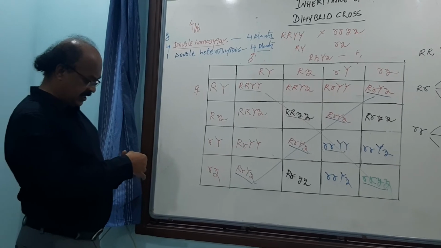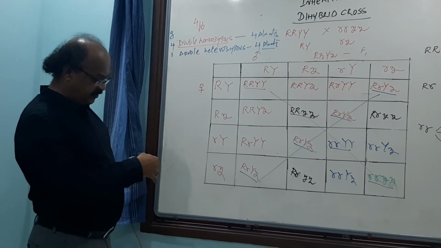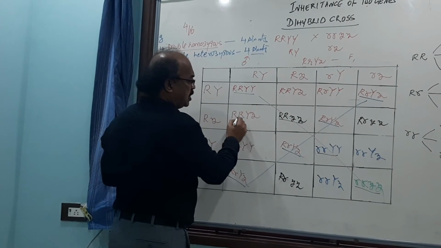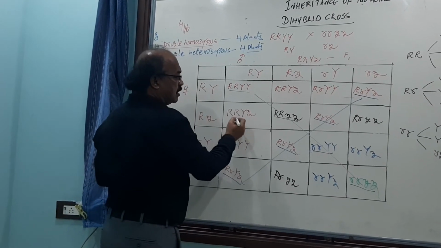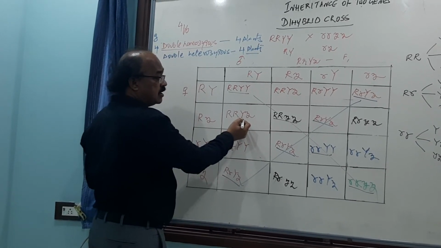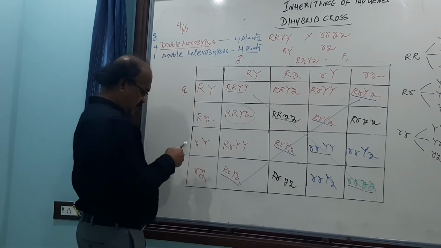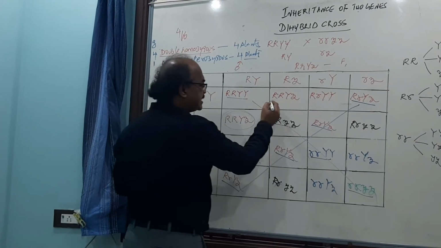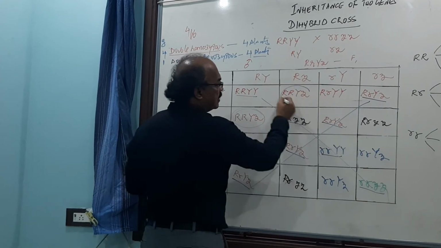And let us see the remaining cases. In the remaining cases, if you see, one dominant homozygous and the other one is dominant but heterozygous. These 2 are very same. Capital R, capital Y, small y.